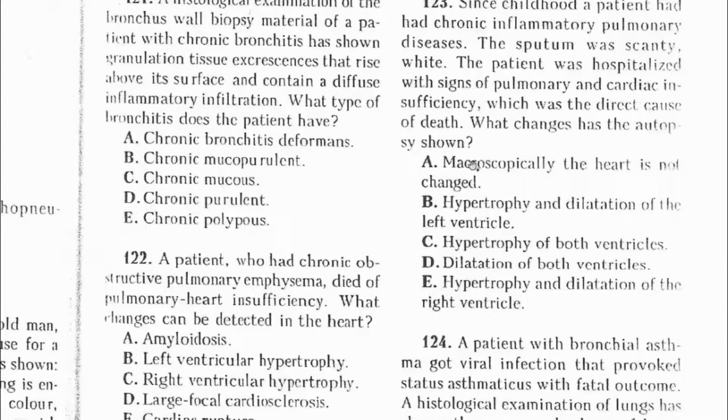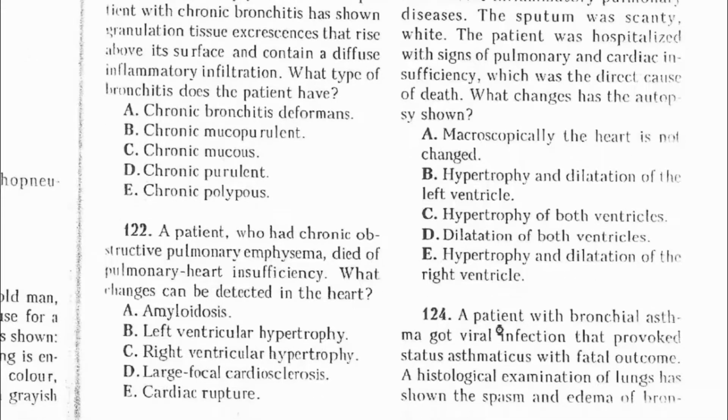So, what can we think? Then the autopsy will definitely show hypertrophy of the right ventricle, just like in the previous one. So your answer is therefore E. Hypertrophy and dilatation of the right ventricle.